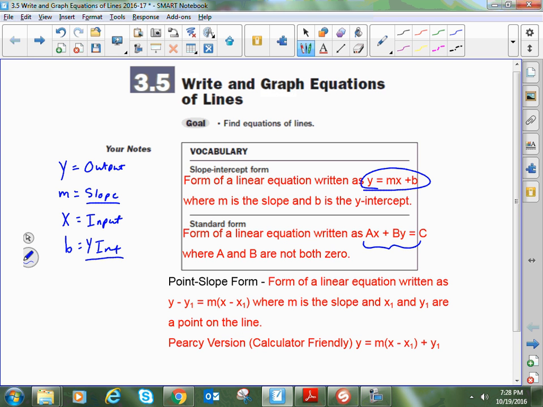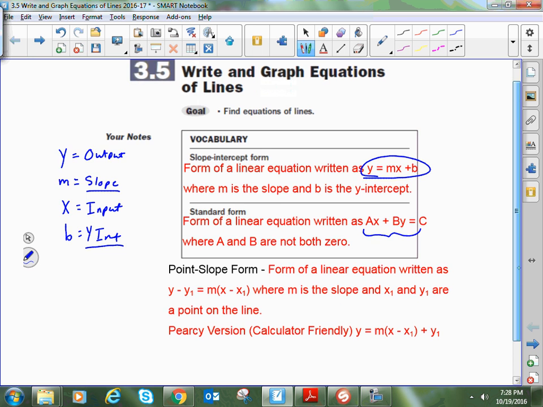But generally, it's not what I think of as standard form as far as a polynomial is concerned. I don't want to go off on too much of a tangent, but for the time being, just think of standard form as when x and y are on the same side of the equal sign.